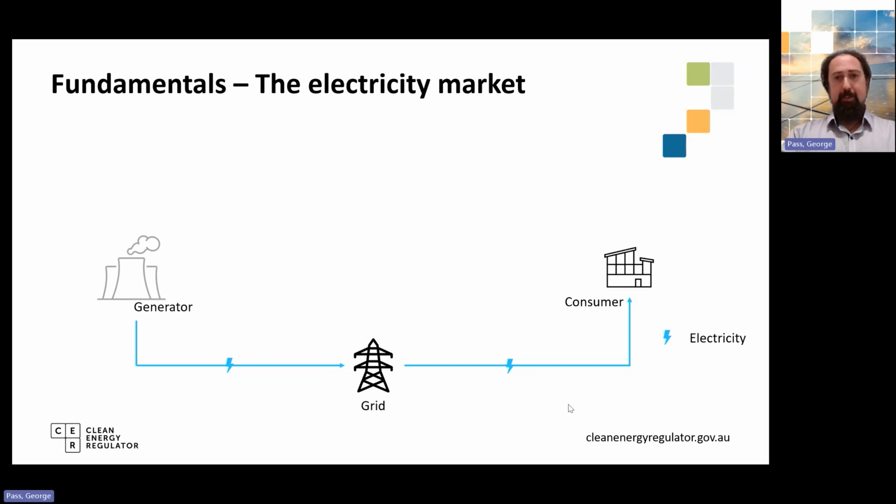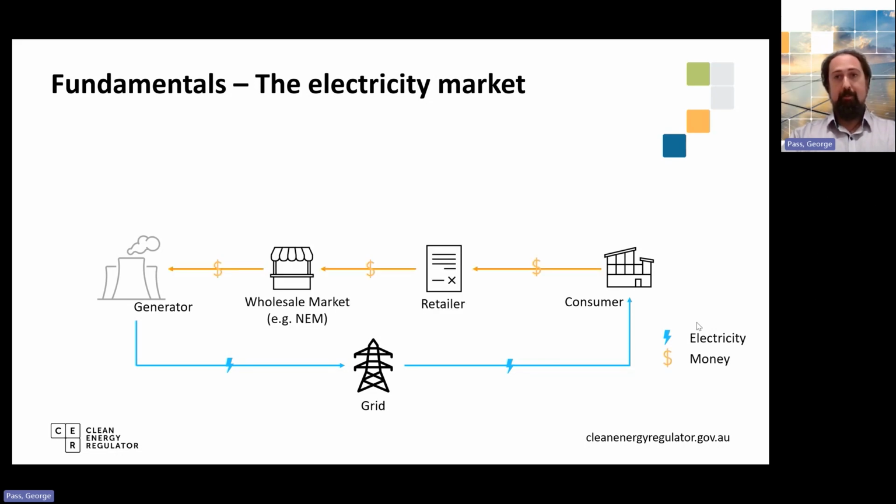But the consumer doesn't usually pay money directly to the generator, partly because not all generators are equal, and the average cost of electricity in the grid fluctuates on a half-hourly basis depending on which generators are providing it. Managing this for every electricity consumer would get very messy very quickly. So that's why we have the electricity market, which is the mechanism by which money flows from consumers to generators.